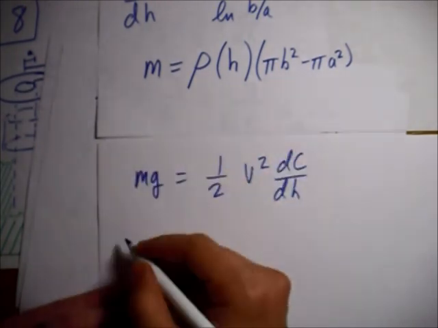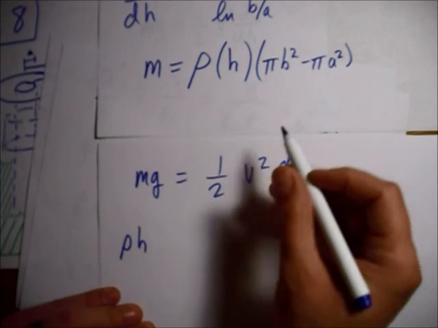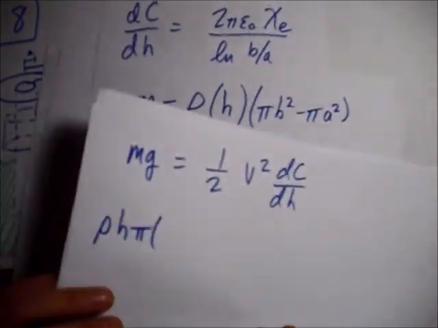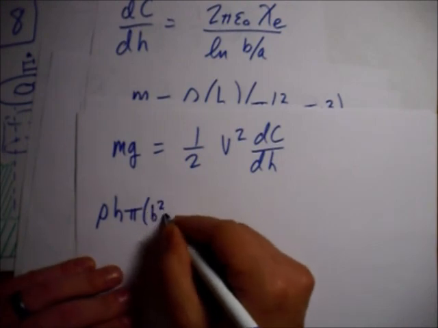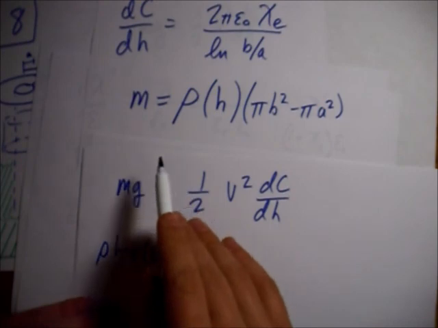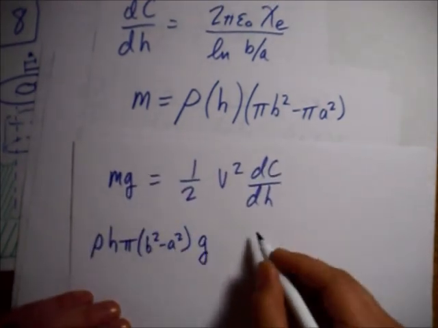So plugging in m, we have a rho h. I'm going to factor out this pi. And then we have a b squared minus a squared. I've done just this m part, so we still have to multiply it by g.